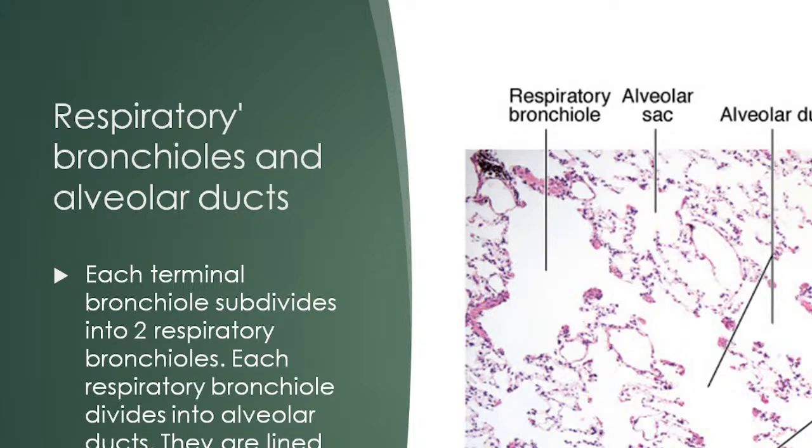The respiratory bronchiolar structure is identical to that of the terminal bronchioles. But the wall of the respiratory bronchiole is broken by a number of alveoli where gas exchange occurs. So here we can see alveoli.